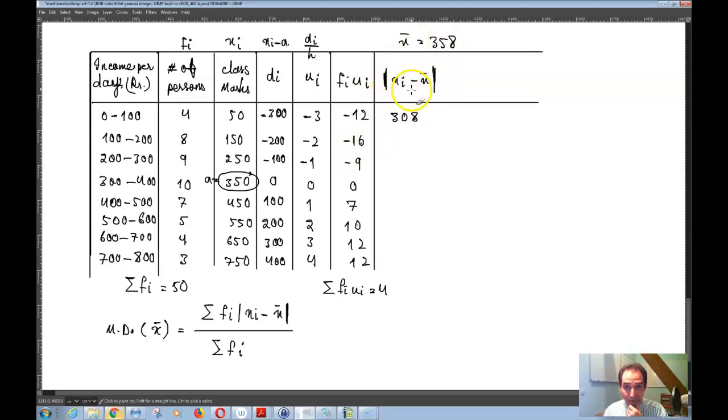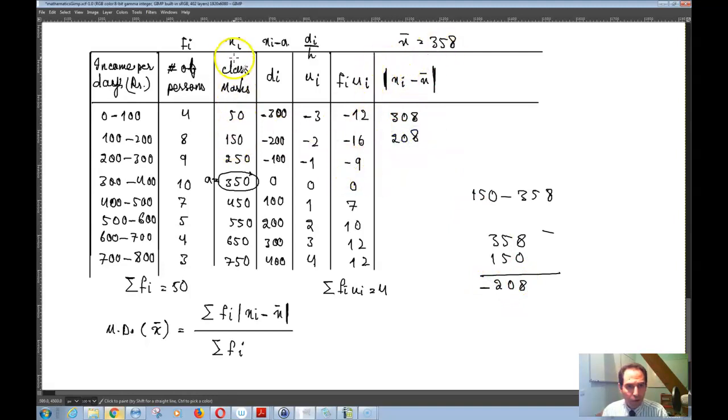Again, x of i minus x bar is 150 minus 358. So you get 358 minus 150 with a negative sign, which is negative 208, and that becomes 208.